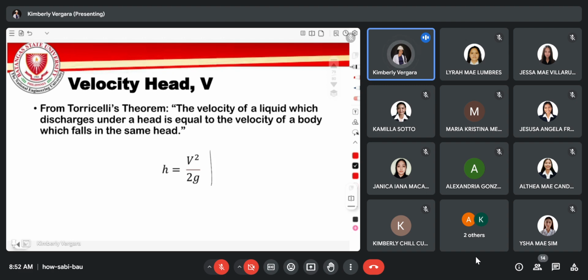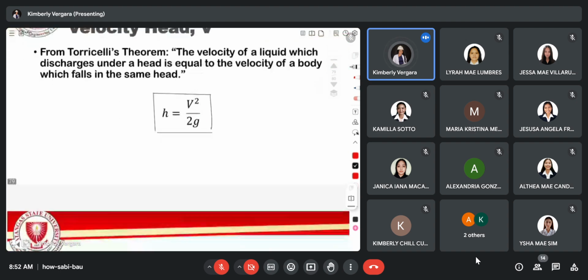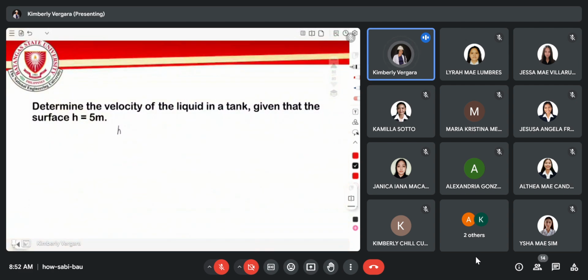So, we have this formula. H is equal to V squared all over by g. What is the V here? It is the velocity. Let us remember the formula: H is equal to V squared all over by g.